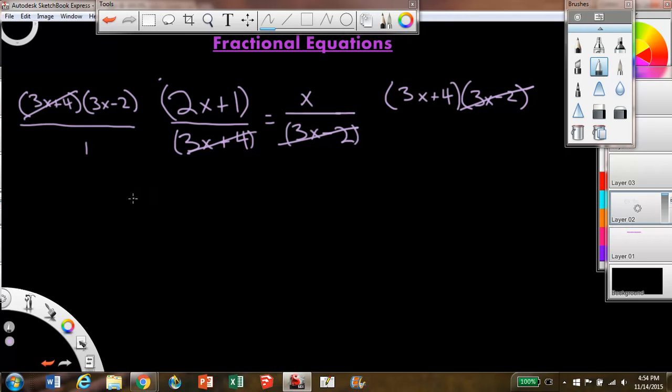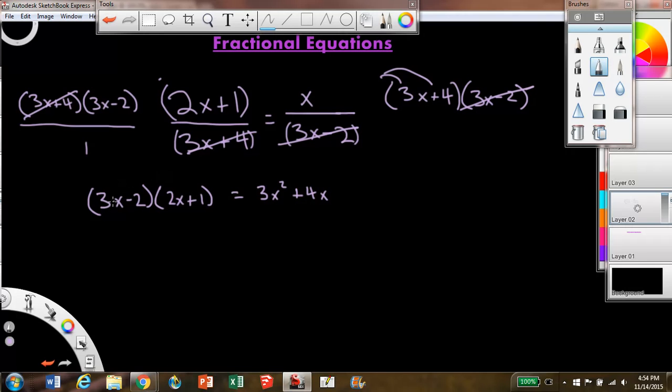Okay, so let's go down here. And I still have my equal sign here. (3x - 2) times (2x + 1) is equal to, I'll just go ahead and distribute here. So this is going to be 3x squared plus 4x. I just distributed the x to the 3x and the positive 4. Now I hope you can see that this is kind of like a quadratic, like we've already done many times before.